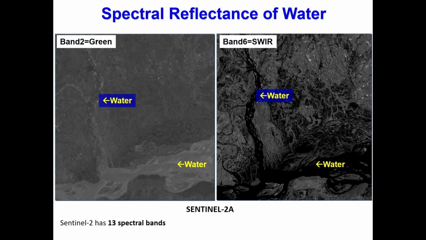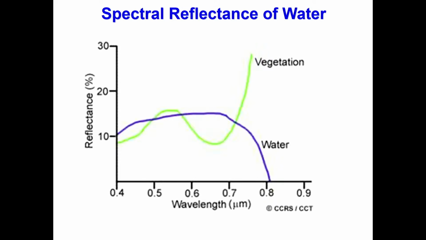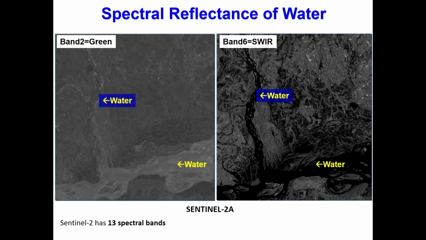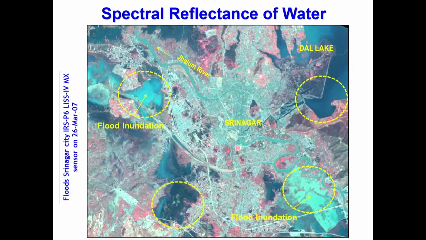So you are able to distinguish the presence of water in a much better manner compared to a green band. So that is what this diagram was reflecting: in the NIR and the further higher infrared part of the spectrum, it gets completely absorbed, and that is why it is appearing darker.